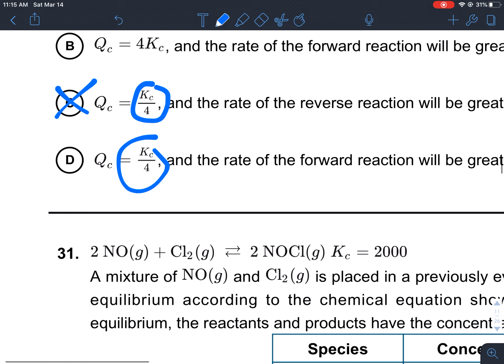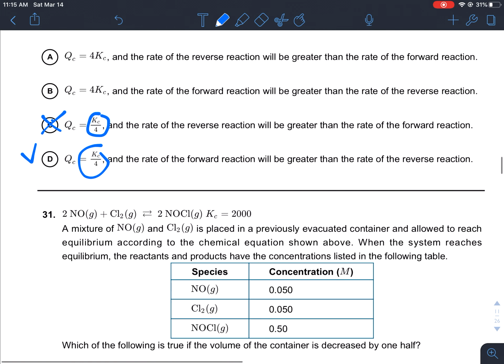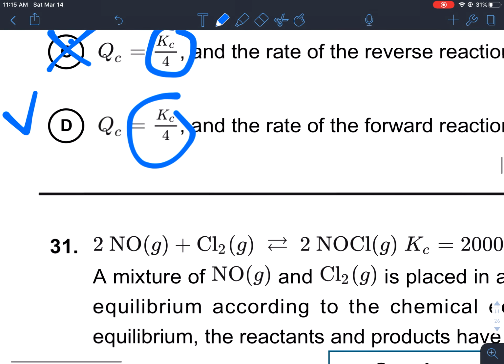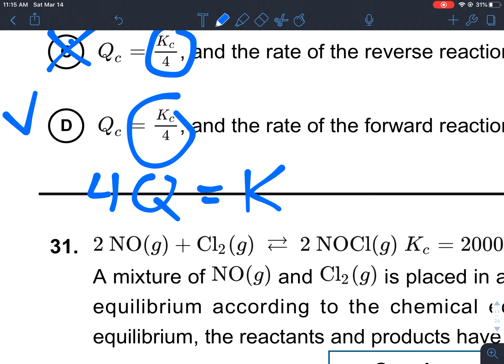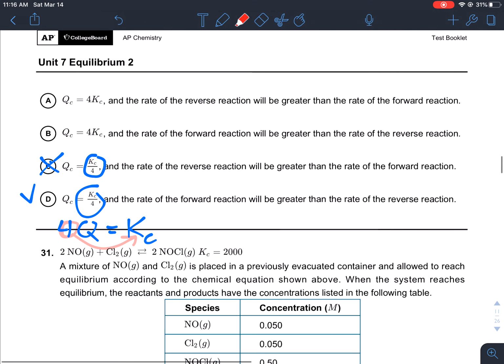The correct answer is D, because the rate of the forward reaction will be greater, because you need to create more products to get your Q to become K. Does it make sense if I manipulate this like this? I need to multiply my Q by 4 to get to Kc. So if I have to multiply my Q by 4 to get to Kc, that means I need to increase my products, my numerator. The correct answer is D.